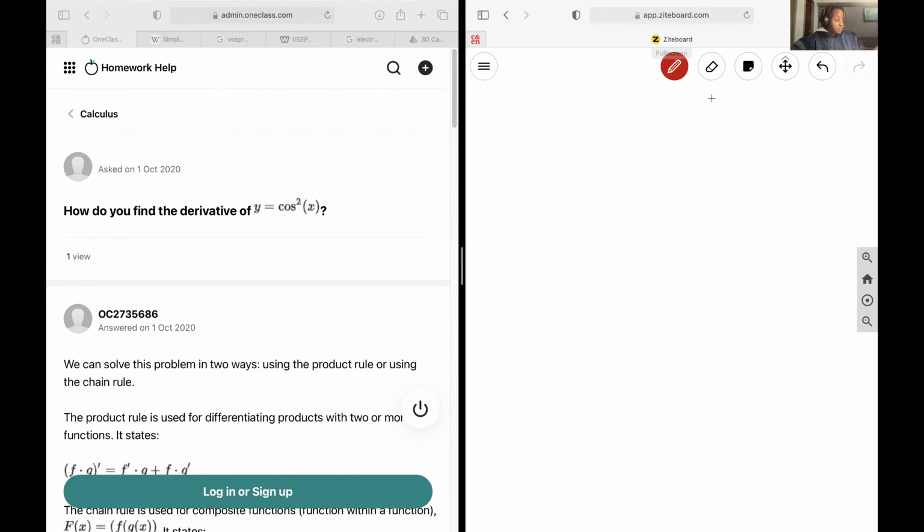Next up, we want to find the derivative of cos squared x. So we can use two methods.